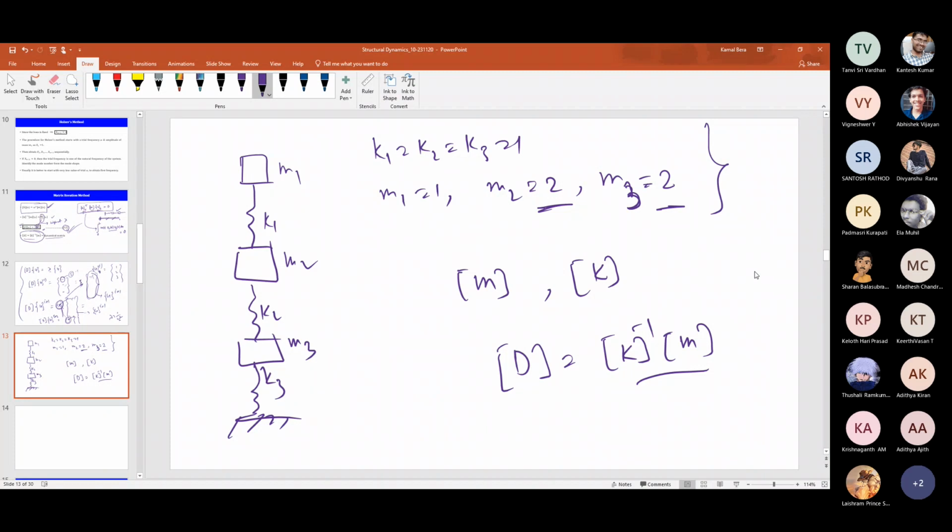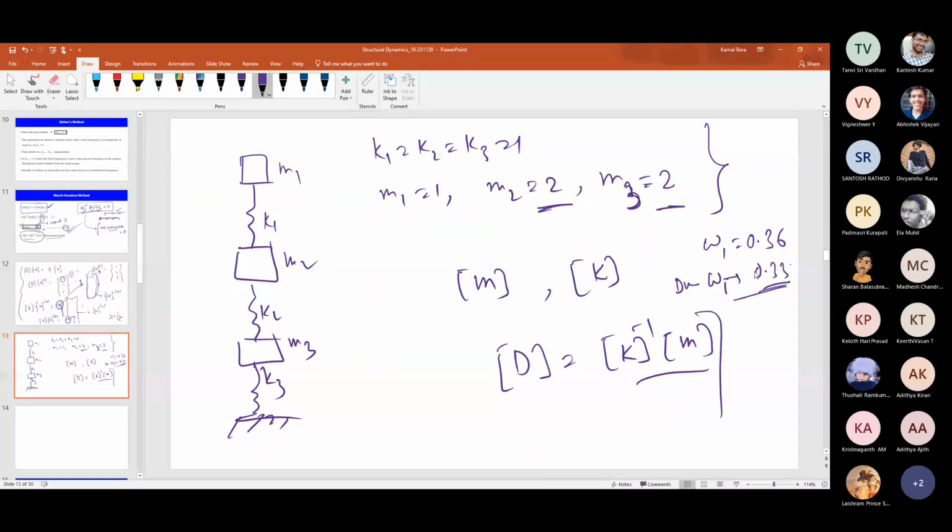You have already calculated that the first frequency is around 0.366 or something. And if I remember correctly, using the Dunkerley method we got omega 1 as 0.33 or something, around that.